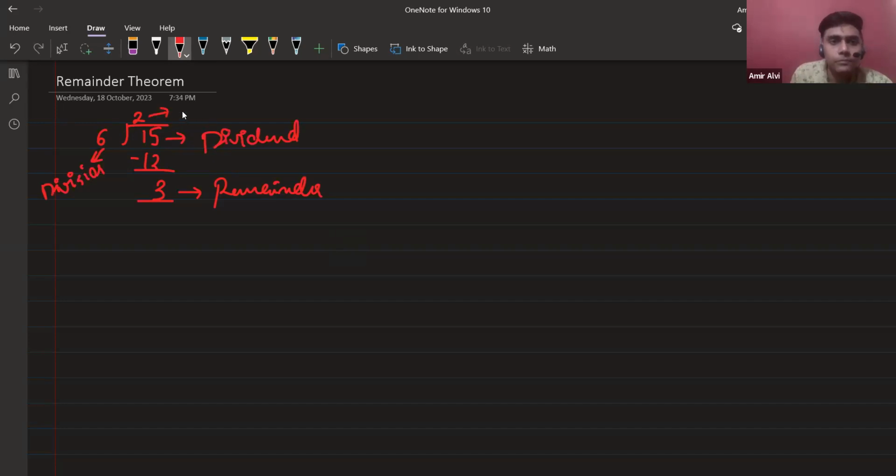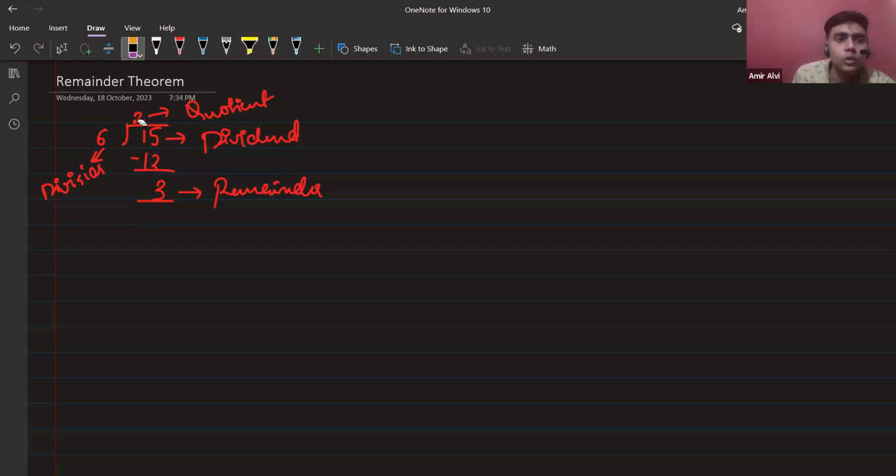Quotient. I just want you to recall the terms, so that's why I've taken this example. Simran and Abdul, tell me, if you multiply the divisor and quotient, you get 6 twos are 12, and if you add 3, you get the dividend. Yes or no?